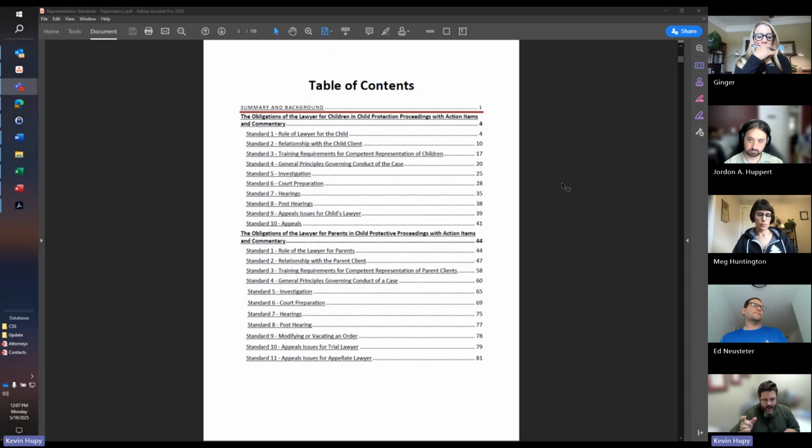The criminal one breaks it out by stages of a case and the discrete tasks. The dependency ones are more open and more topical, and get into some of the nitty gritty later on. But the big standards are the ones near the front about just how you do your job, and then it gets into the other stuff later. PCR not being my practice area, there may be good reasons why we want to go with a different structure.